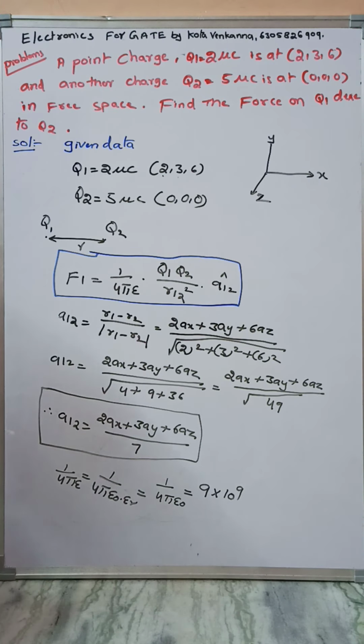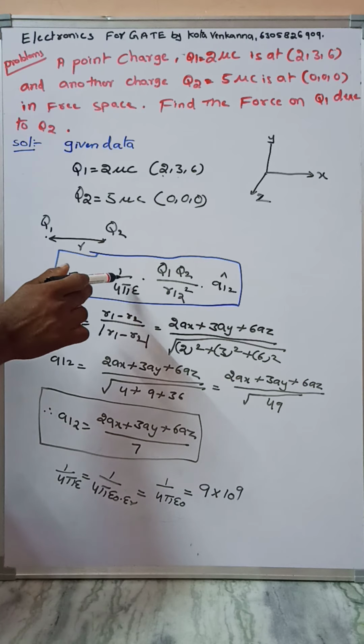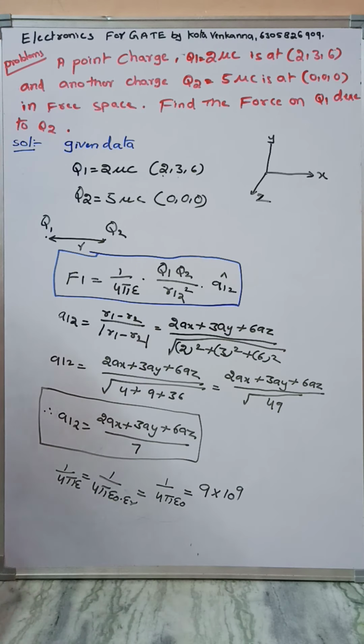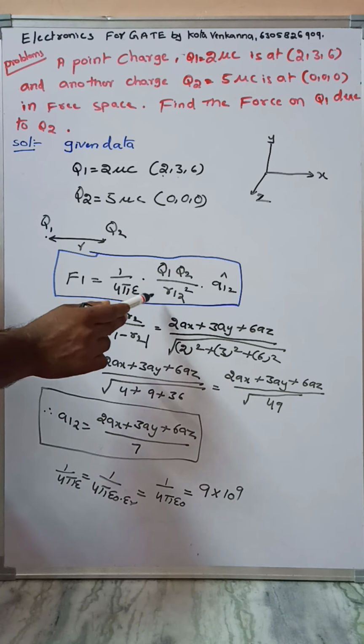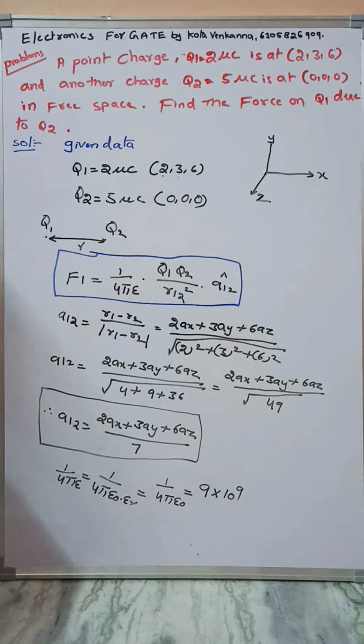We have to substitute the values of 1 by 4 pi epsilon, Q1, Q2, R12 and A12 in this equation, which gives the force on Q1 due to Q2.